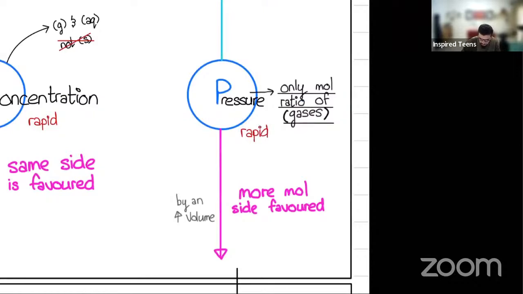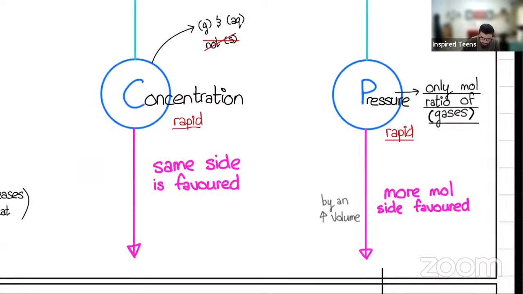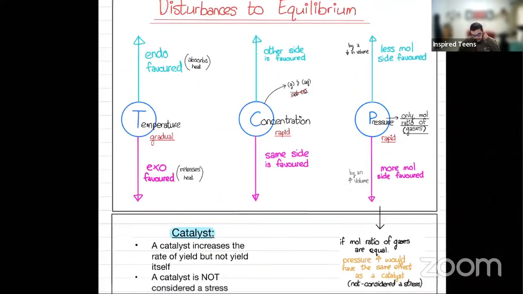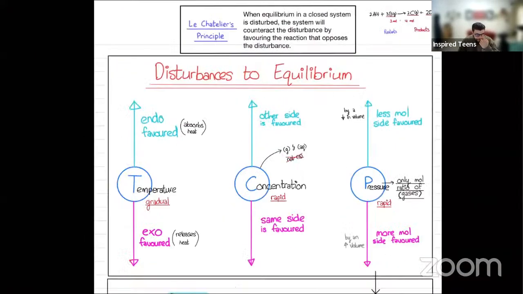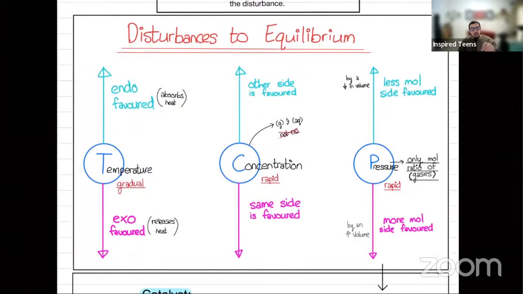It's important to understand that temperature is gradual, while the other two are rapid changes, especially when looking at our graph. So that's our disturbances to equilibrium and what Le Chatelier's principle states in order to counteract them.